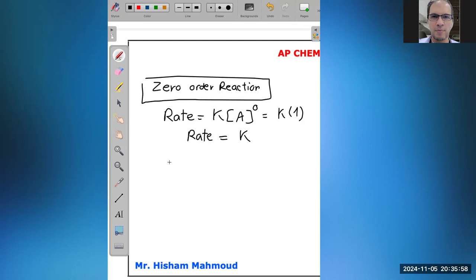So what does the integrated rate law tell me? It's telling me that the concentration at time t equals negative kT plus the initial concentration.